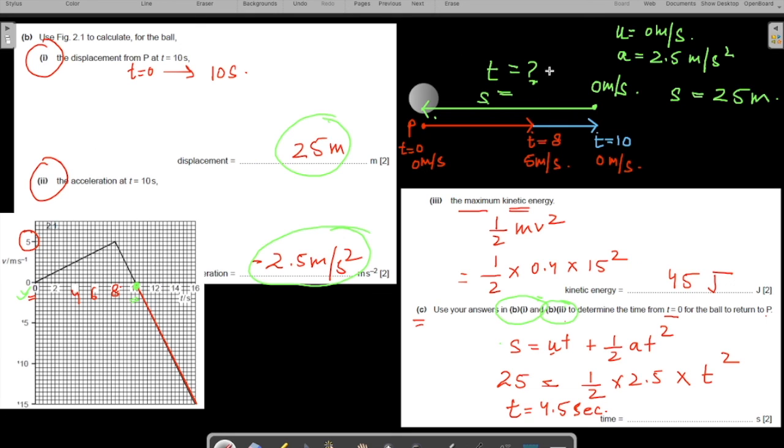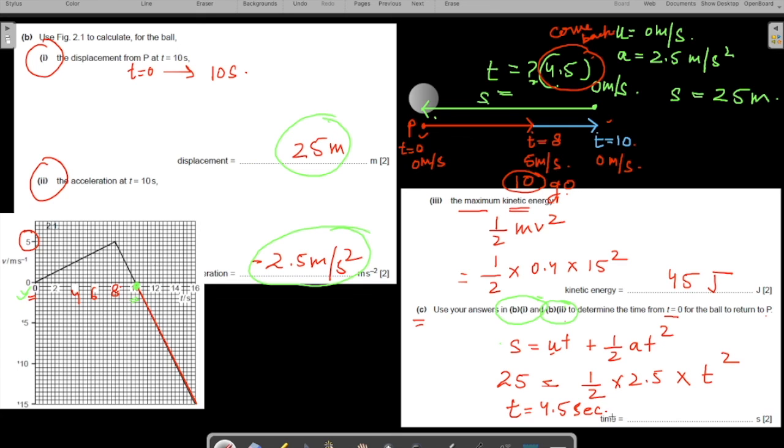The time taken to come back you have found out already, it is 4.5. And the time taken to go from this point to this point was how much? 0 to 10, so 10. So you have to add these two times. Time to go was 10, and time to come back is 4.5.